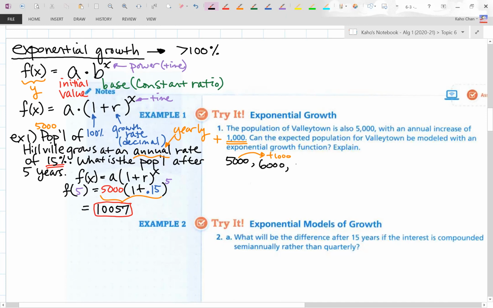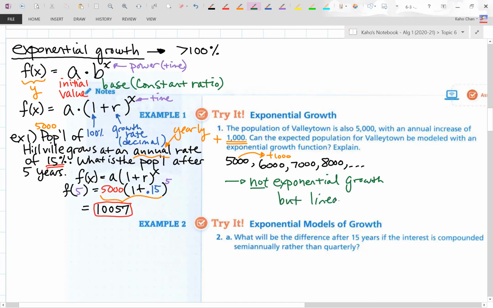Add another 1,000, and so on and so forth. Ladies and gentlemen, this is not exponential. This is considered linear. That's what's going on here. Exponential is when you have a percentage increase. It's not exponential growth, it's linear.